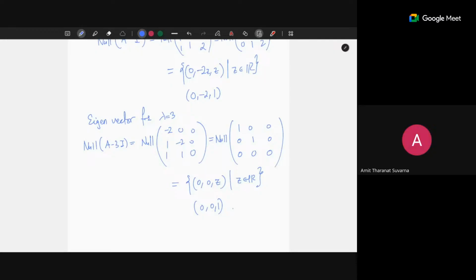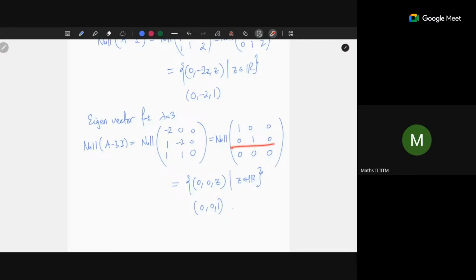Here you did R2 minus 3 R1? How is it computed here? I divided the first row by -2, and I get this row. And then I did R2 minus R1, so I removed this one, and then I divided R2 by -2.